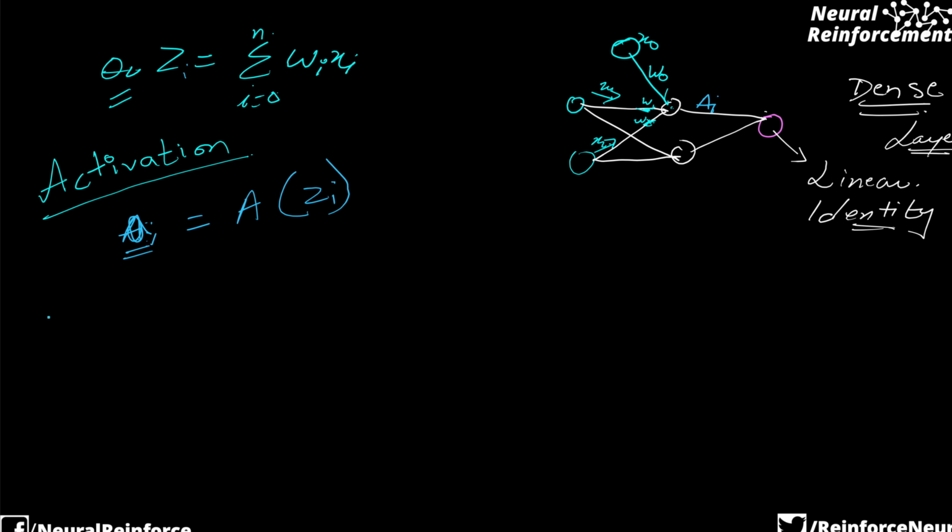Let's assume this is a small notation so that we have a consistency between capital and small. So this activation function could be of different types. The simplest for the inner layers is sigmoid, which is very similar to what we did in logistic regression. For the output layer, depending upon what type of output layer it is, if it is a binary classification, it can be sigmoid. If it is a regression sort of problem, as the example that we are doing over here, this could be linear or identity.